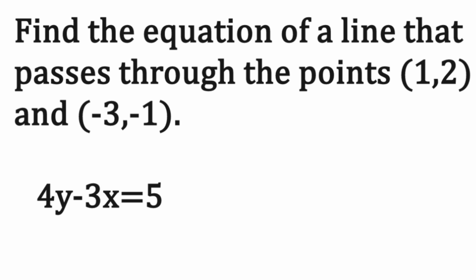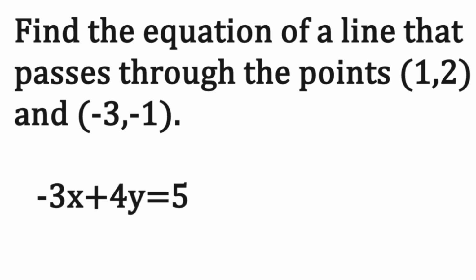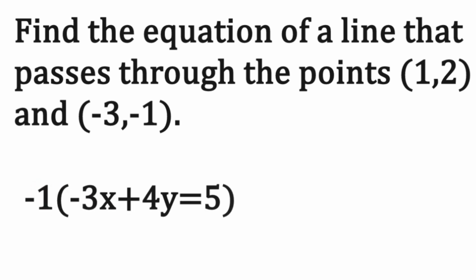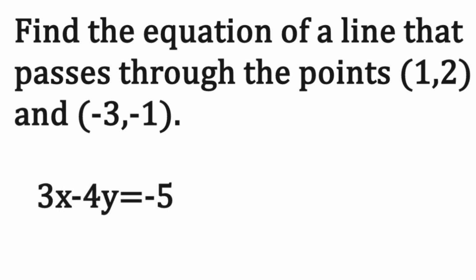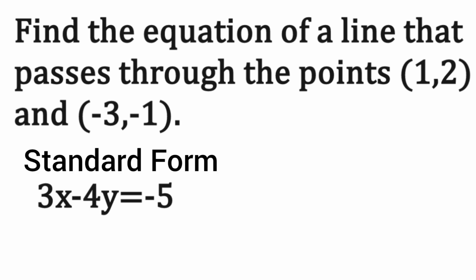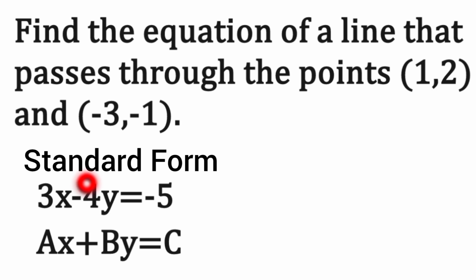We can move the 3x to the first term: negative 3x plus 4y equals 5. We can make the first term positive by multiplying by negative 1. So this equals 3x minus 4y equals negative 5. This is the standard form of a linear equation, following ax plus by equals c. It happens that our b is negative and our c is negative.